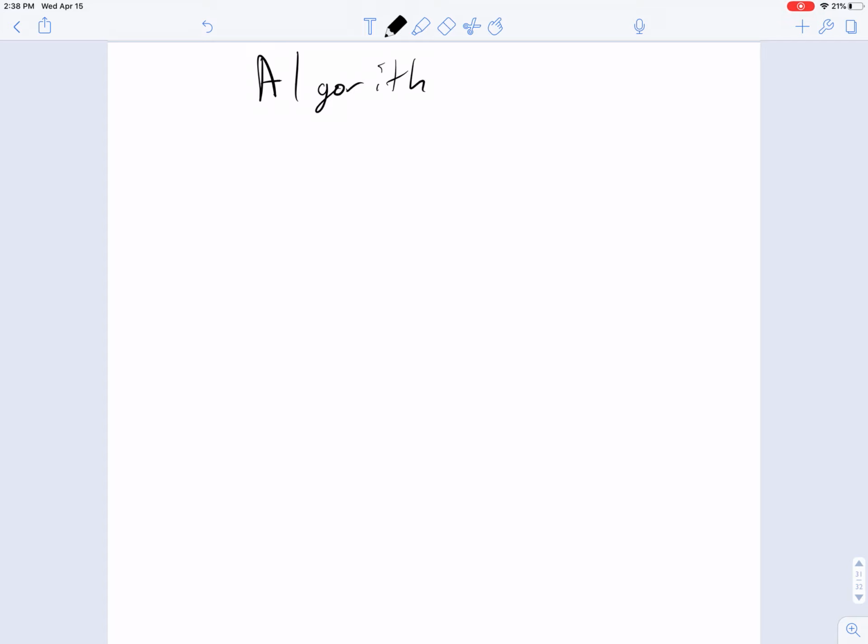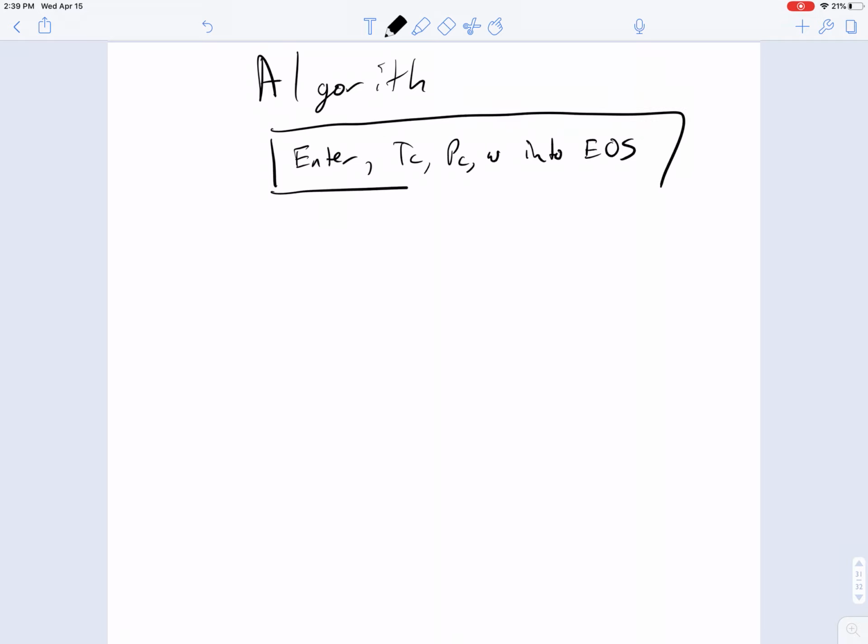You start by entering your parameters for your critical properties, TC, PC, omega, remember omega, the acentric factor, into your equation of state.